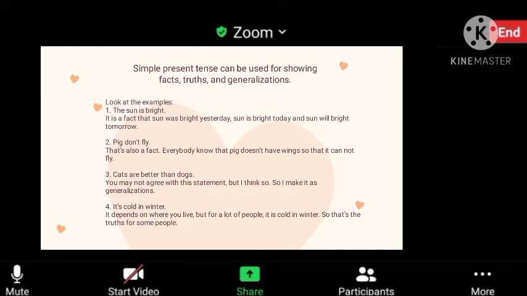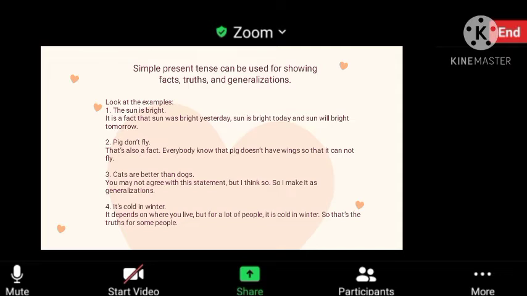The second one is pigs don't fly. That's also a fact. Everybody knows that pigs don't have wings, so they cannot fly, right? The third, cats are better than dogs.